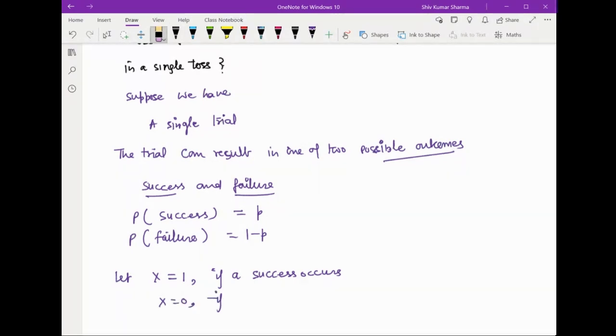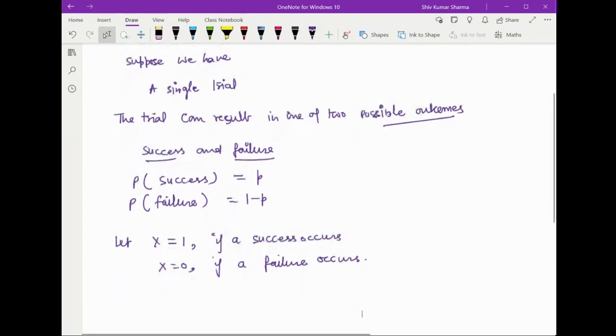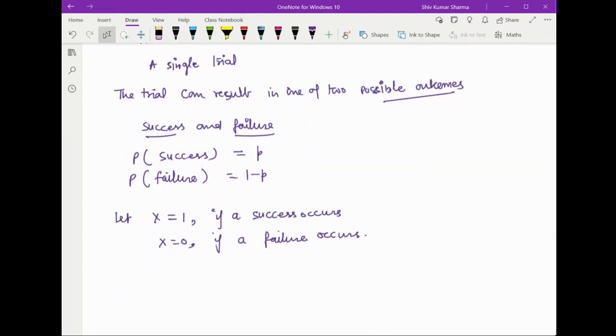So that means the random variable X has a Bernoulli distribution.